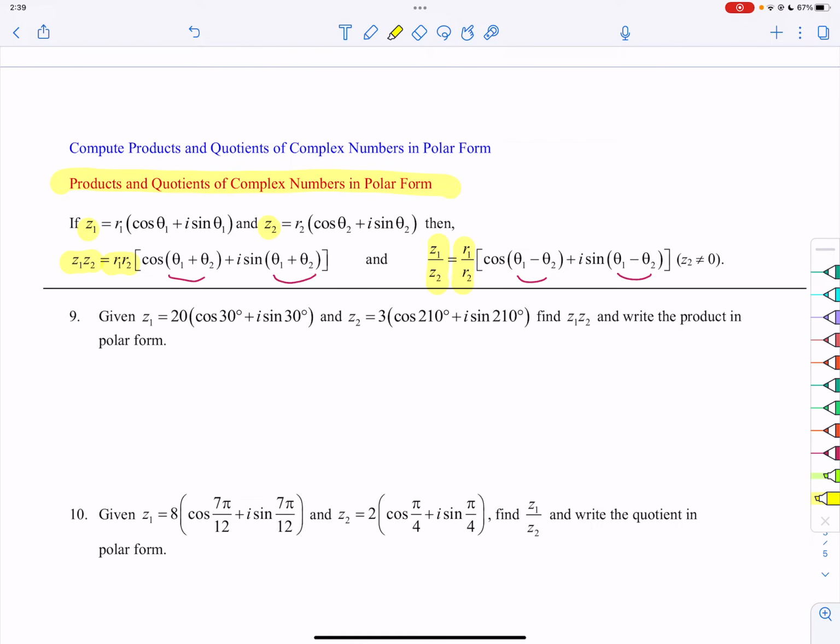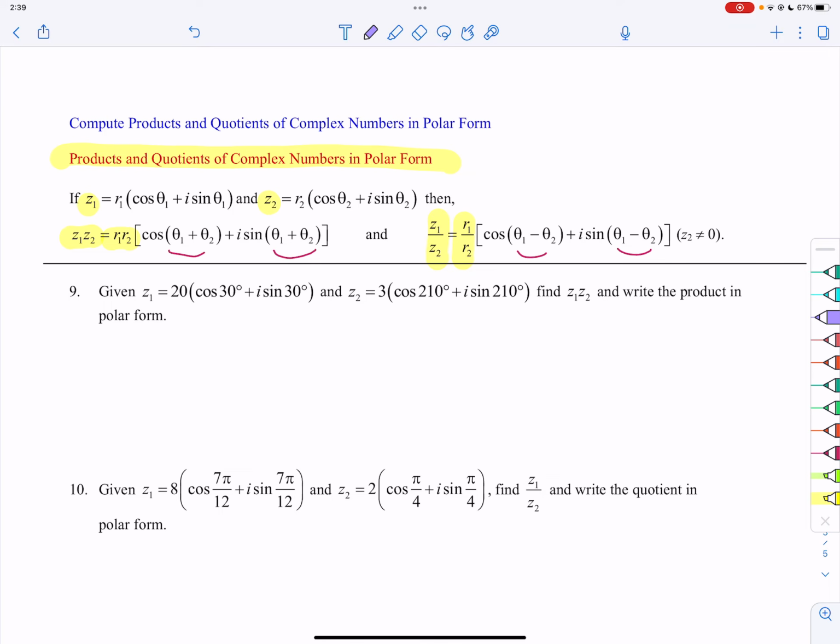So we can go ahead and have that z1 multiplied by z2 is going to be 20 times 3, and then we're going to have the cosine of 30 degrees plus 210 degrees plus i sine of that same sum.